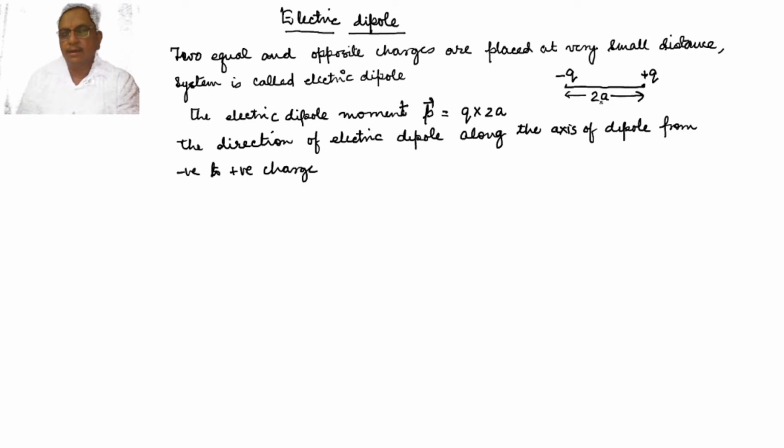What is the axis? A line joining the two charges is called the axis. This value, P equal to Q into 2A, is called the electric dipole moment.